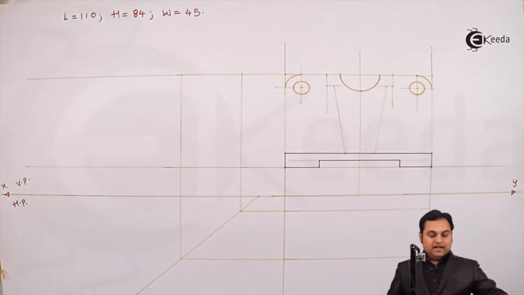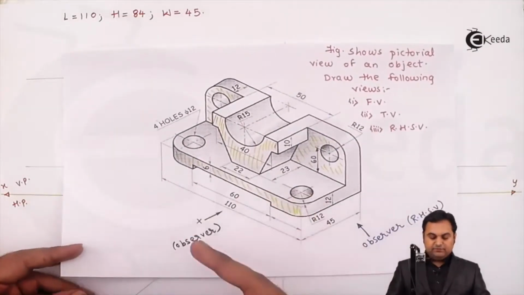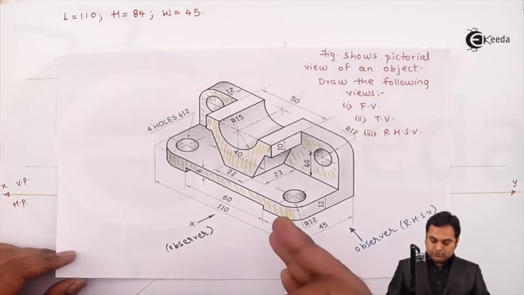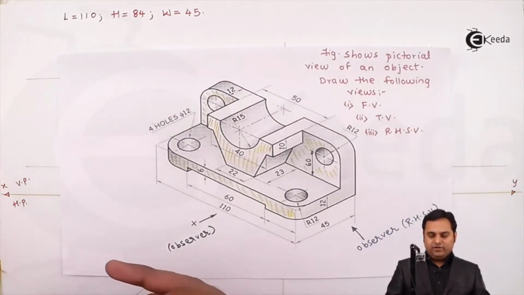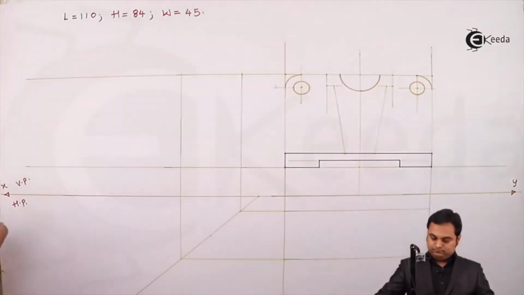Then I can say that these are the visible part which I have shaded in the front view. So I'll be making all of them dark, and after that we are going to see the hidden portion.